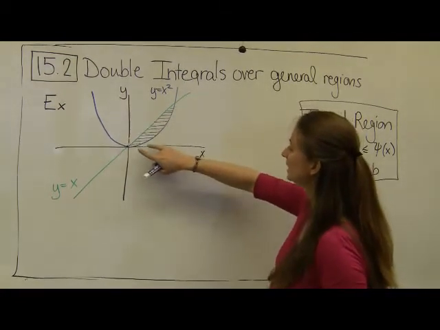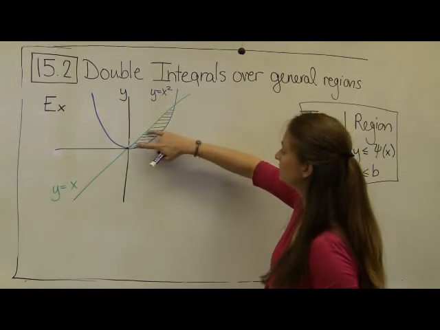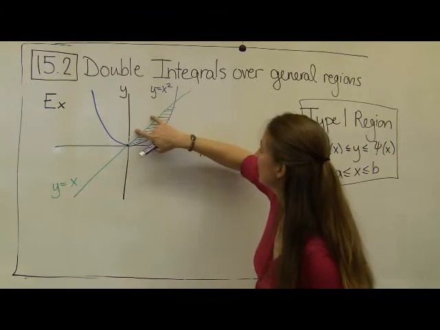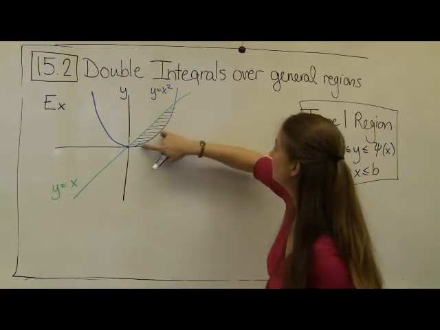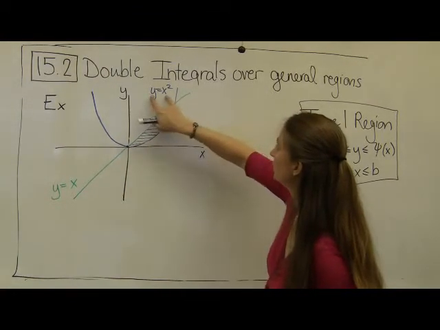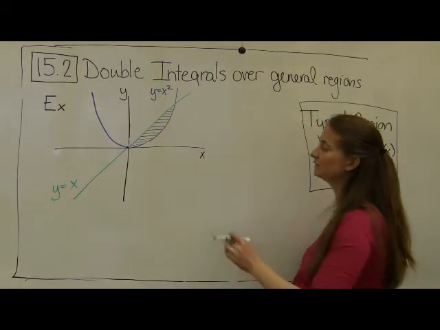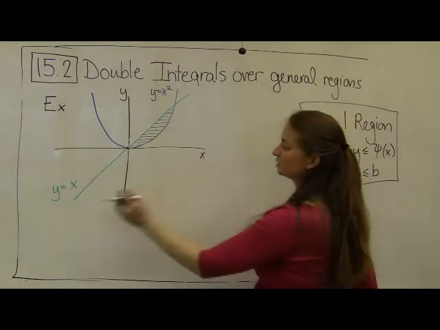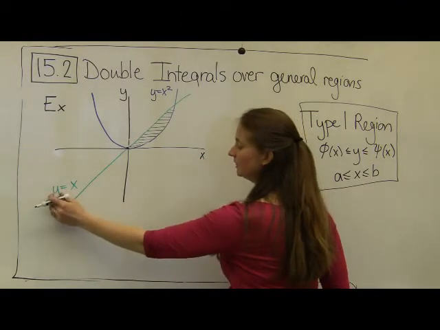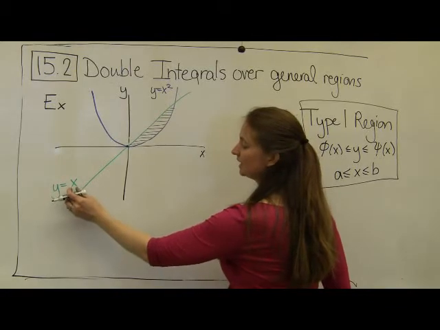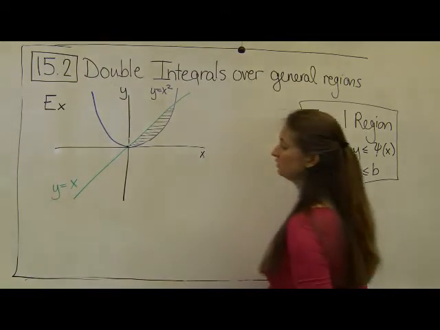In this case, my x values are going to be smallest when they're down here touching where y equals x, and they're going to be biggest when they're out here touching this curve where y equals x squared. So the bounds are very similar, but the difference is instead of writing y as a function of x, I'm going to write x as a function of y.